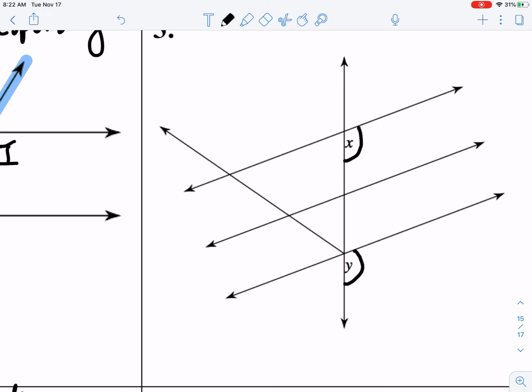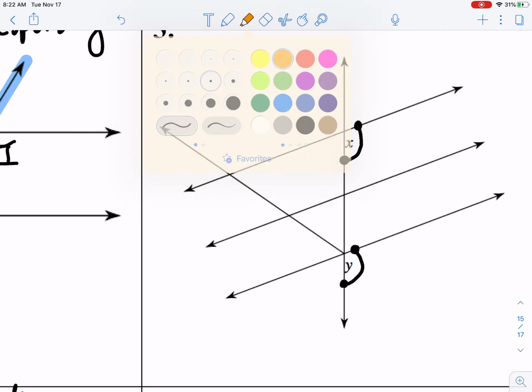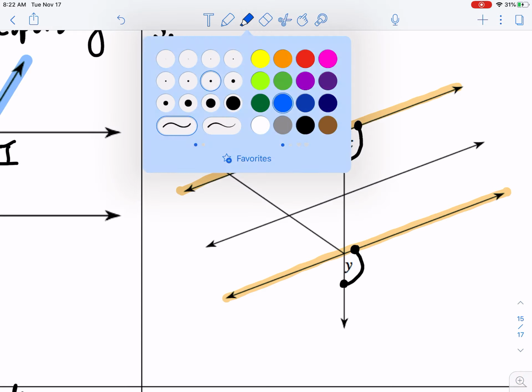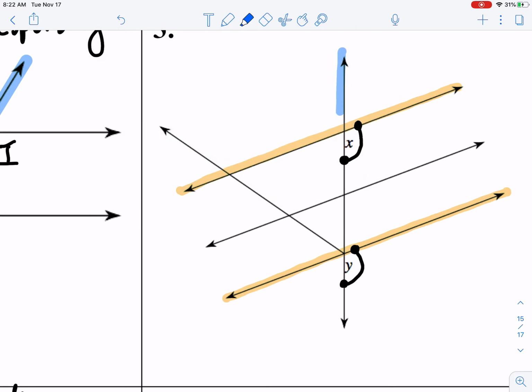All right, so if you notice, the arc touches at two places. And these are going to be my lines that I'm interested in. So I'm interested in this line, and now the line that touches is my transversal.